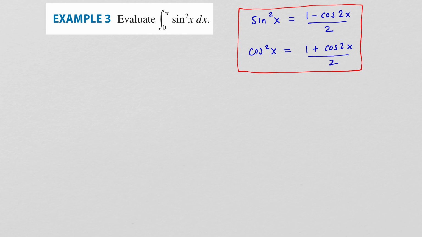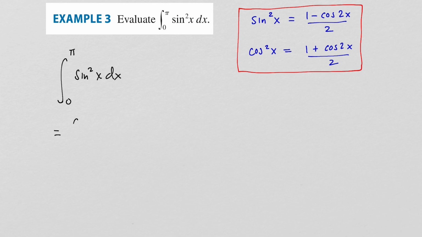So let's go ahead and get into this particular problem. We have the integral from 0 to pi, sine squared of x dx. So what I'm going to do is just directly substitute 1 minus cosine of 2x divided by 2 in for sine squared of x.